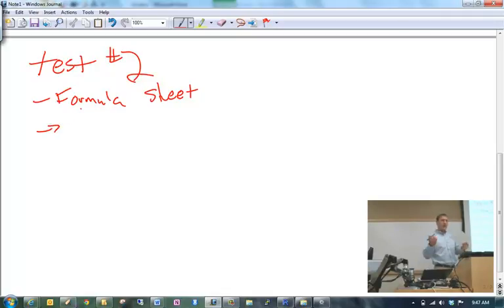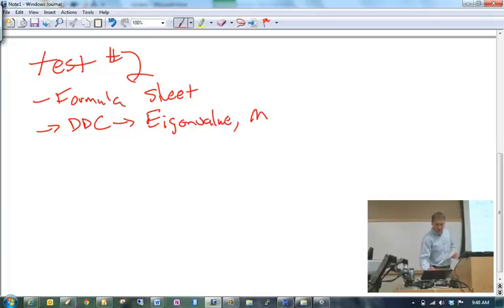So with respect to the material that you're responsible for, if you remember the data distributions and correlations section, there was still a little bit of stuff at the very end of that section that didn't get on test number 1. That involved the eigenvalues, eigenvectors, and the multivariate normal distribution.